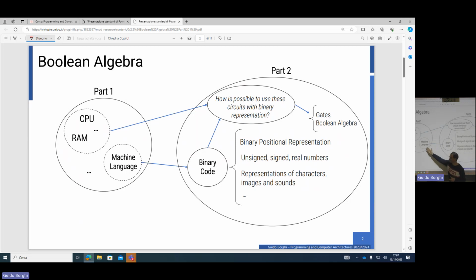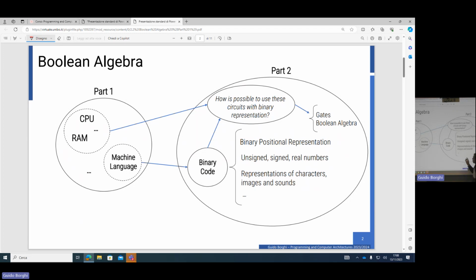Machine language is connected to the binary code. The binary code is the possibility to represent information with 0 and 1 with the machine language, okay? And then inside the binary code, we have seen binary positional representation, unsigned, signed, real numbers, representation of characters, images, and sound, and so on, okay?